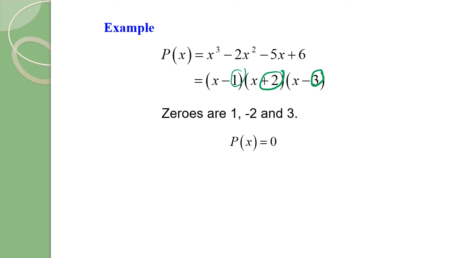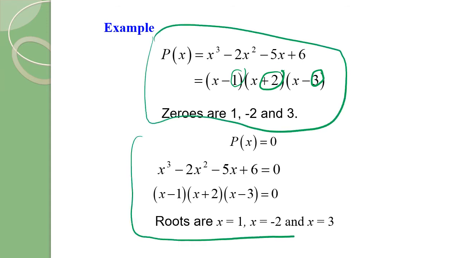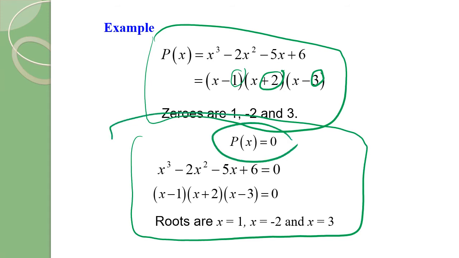And then the roots here: factorize this one, we have x equal to 1, x equal to negative 2, and x equal to 3. So notice the difference between zeros and roots. For roots, we have to write down P(x) equal to 0. For zeros, we just have to factorize the polynomial. Okay?